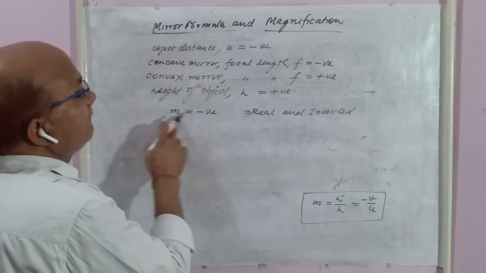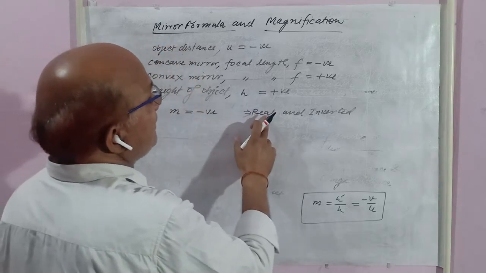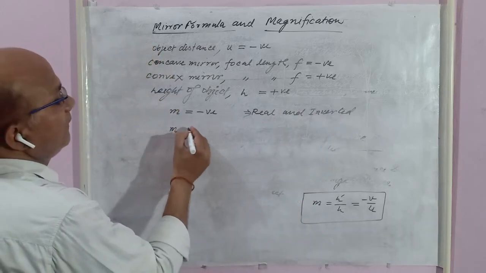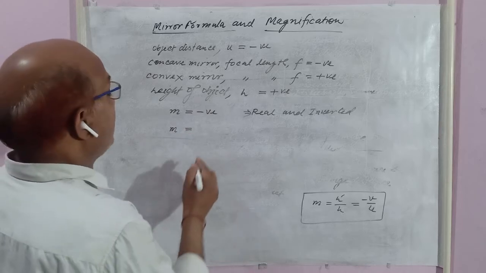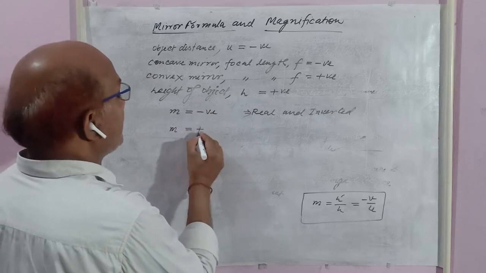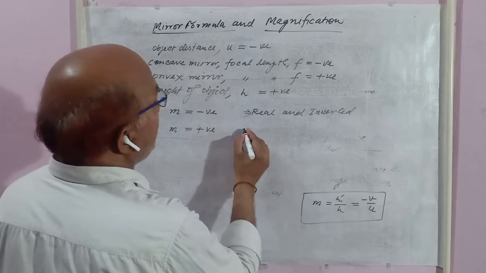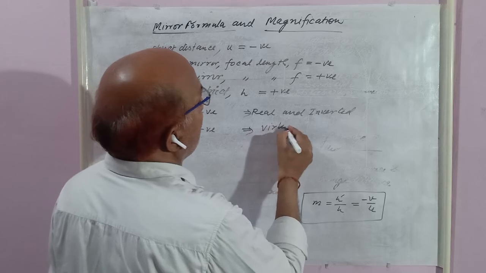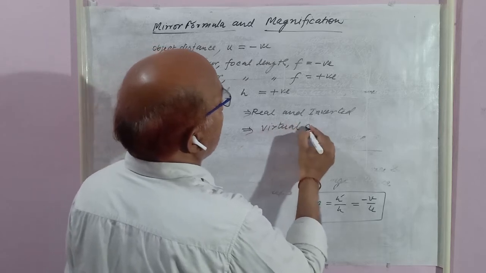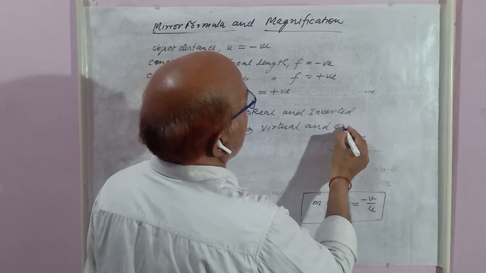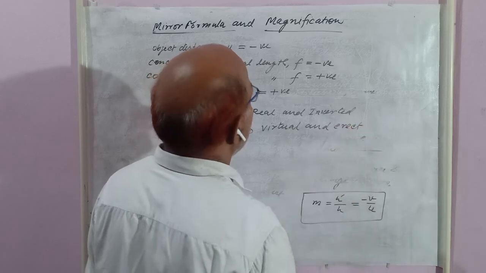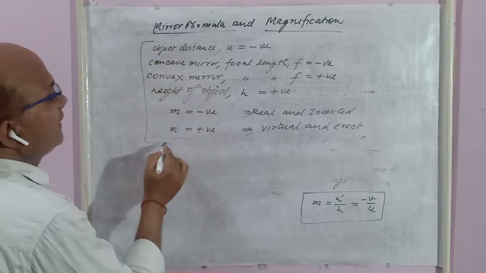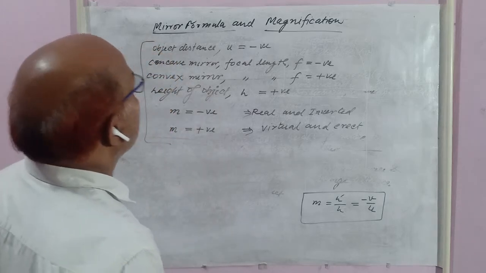If magnification is negative, then image is real and inverted, and if magnification produced by mirror is positive, then the image is virtual and erect. Okay, so take these things in mind.